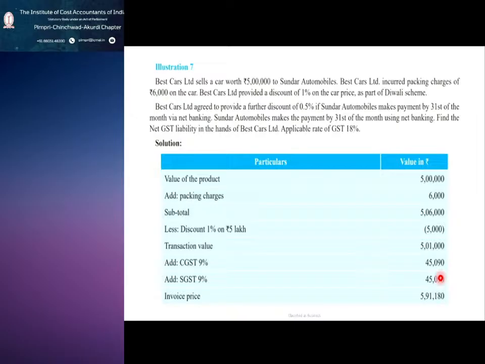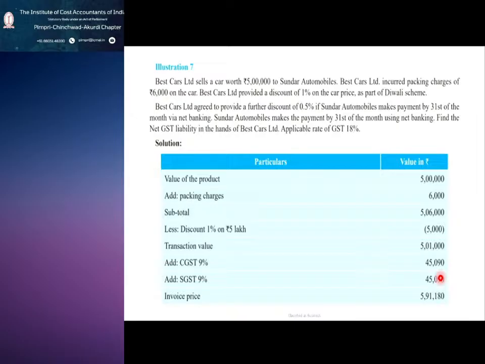Now you will get the benefit of the 0.5% discount, so you can show it as your input tax credit. Previously you paid the department 45,000; now because of this additional 0.5% discount, you can claim that benefit from the GST department.